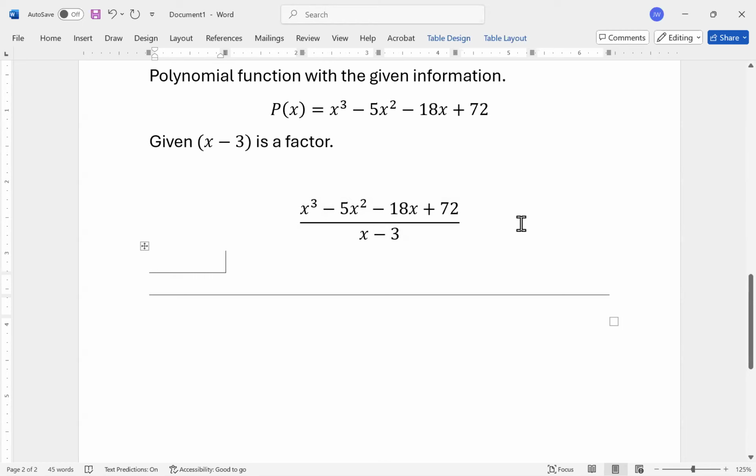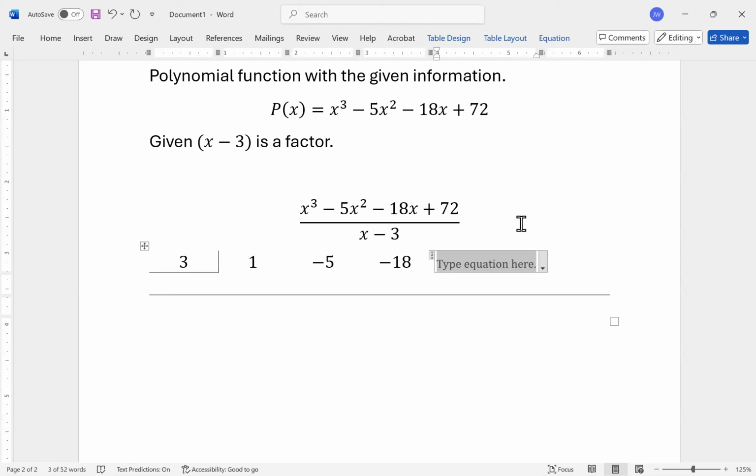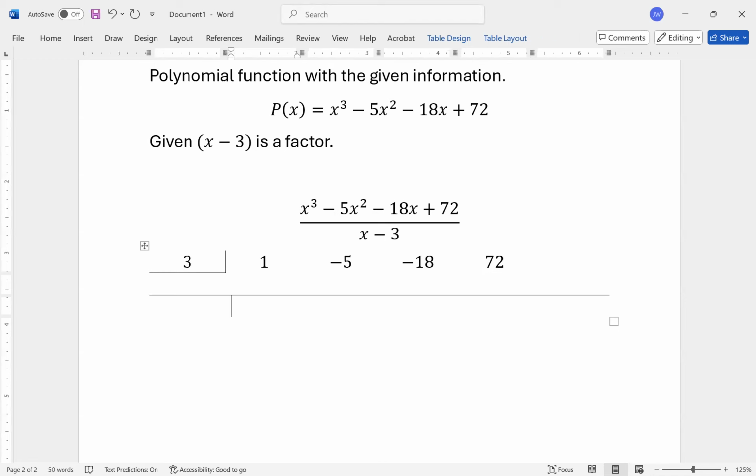So I'm going to do this utilizing synthetic division. I'm going to write a 3 in my box, and then I write the coefficients of x to the third, the coefficient of x squared, the coefficient of x, and my constant, right there. Again, if you forget synthetic division, you can watch a video on that, but 1 drops down, becomes 1. I multiply that by a 3 and I put it underneath the negative 5.